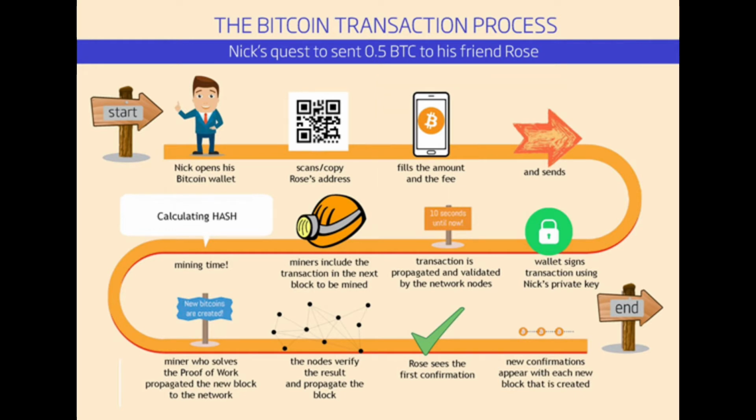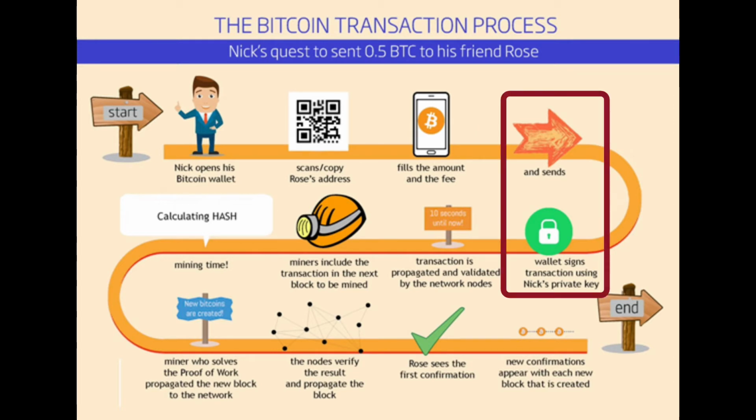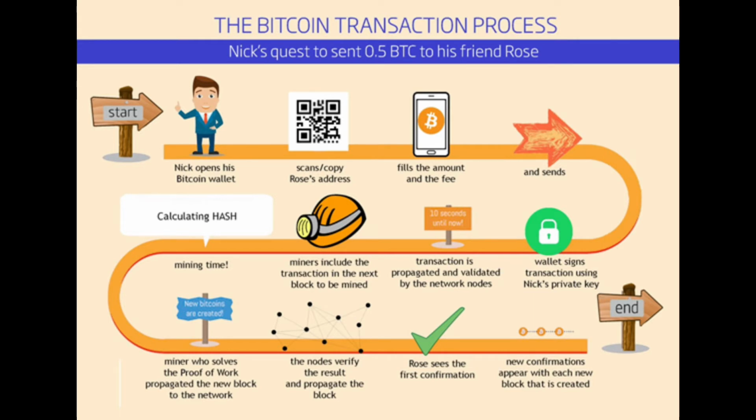He now uses the private key associated with that wallet to sign the transaction. And he sends that transaction off through nodes to be propagated through the network. So the transaction is now inspected and validated by the different nodes that say, all right, does this meet different criteria?